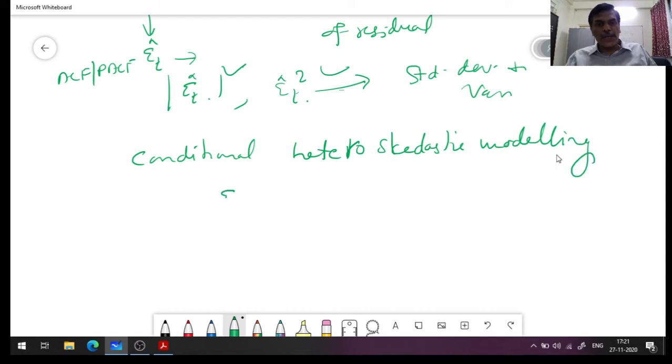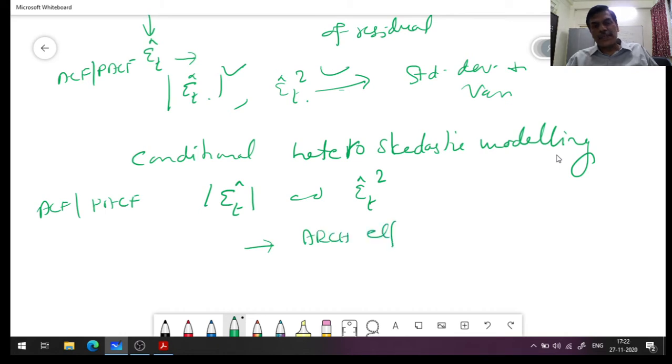So we should always look at this and this. This doesn't require a square or absolute value, since it is already a square. So look at the ACF and PACF of this. If significant, then we say there is an ARCH effect. ARCH means autoregressive conditional heteroscedastic.